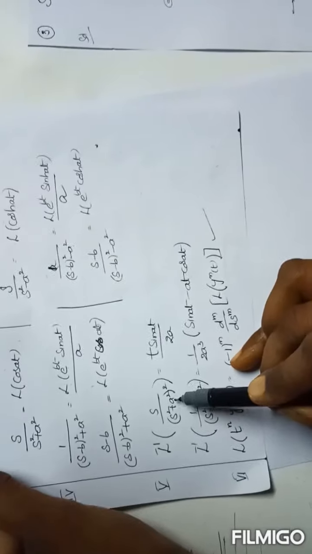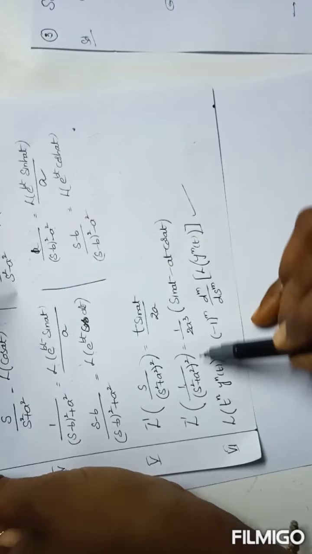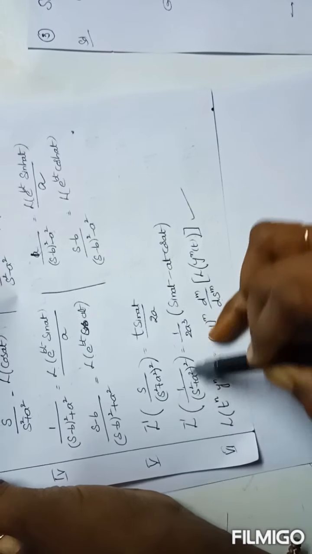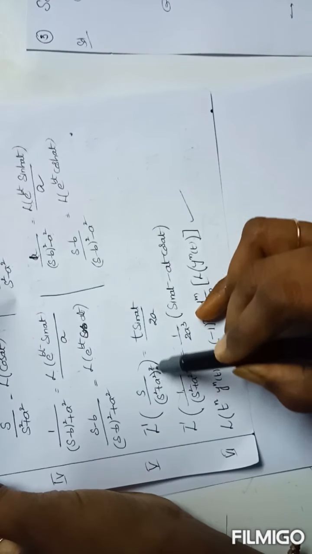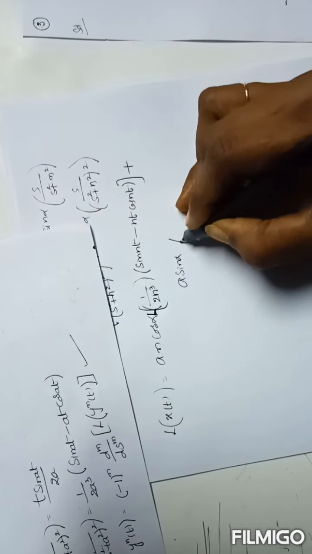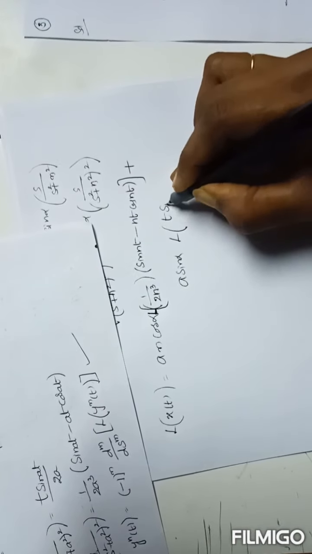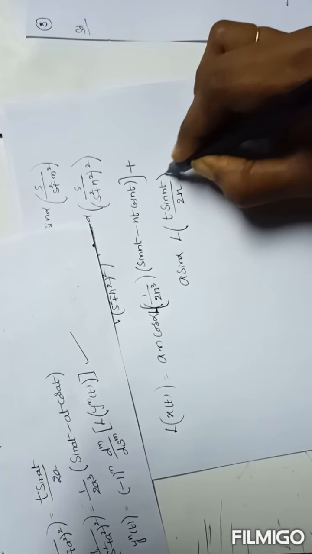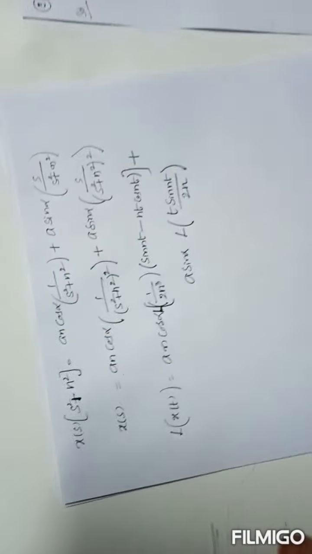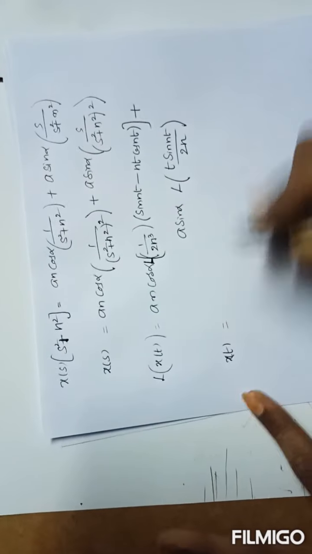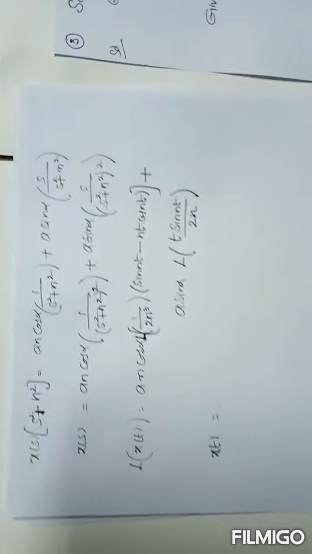Here s by s square plus a square whole square equals what can we write? L inverse, you should write L inverse on the opposite side. Then s by s square plus a square whole square is only equal to L of t sin at by 2a. L of t sin nt is t sin nt by 2n, with a as n. Corresponding formulas are over.